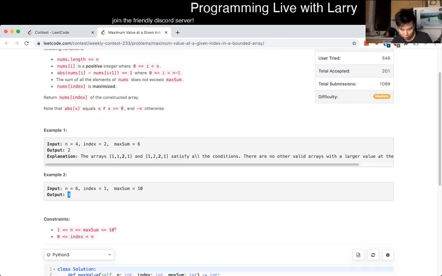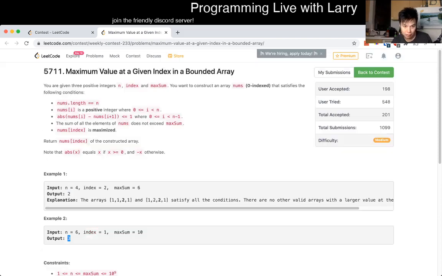Let's see, max... What does 3 look like? Nums of i has to be a positive number, so it's at least 1. So it is binary search, I think.